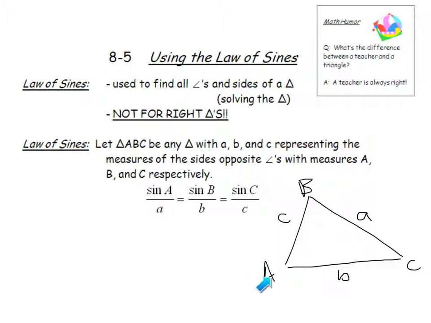If I take the sine of angle A and put it over its opposite side, little a, it would be in the same ratio as taking the sine of angle B and putting it over its opposite side, little b. Or I could even say it would be the same thing as taking the sine of angle C and putting it over its opposite side, little c.